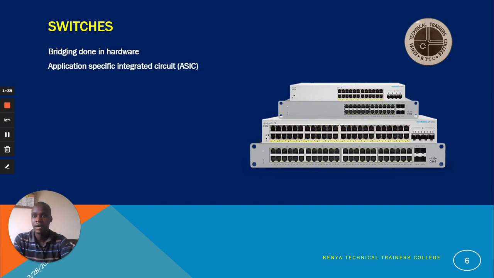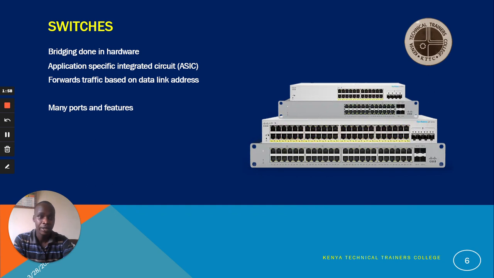It uses an application specific integrated circuit, ASIC, which forwards the data from one point to another. It forwards traffic based on the data link address, that's the MAC address, to the destination. It has many ports, and since it's done in hardware, it's easy to make forwarding decisions, and you also have full duplex. It's the core of an enterprise network.